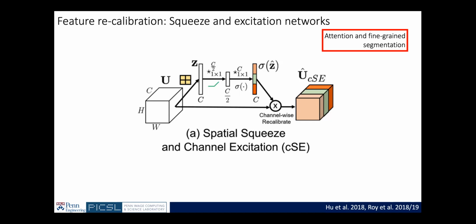So channel number 1 is of size H times W. I take all the voxels from that channel, sum them up, and get one value. I can do that for all the channels. So essentially, from size H by W by C, I went to this vector of size C, right?